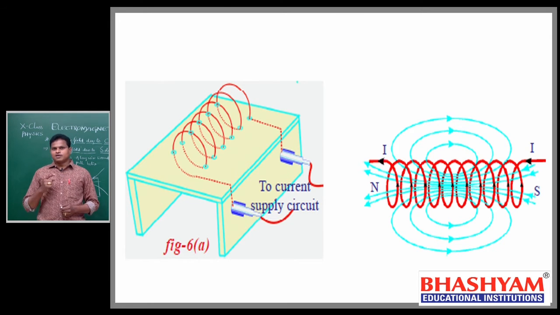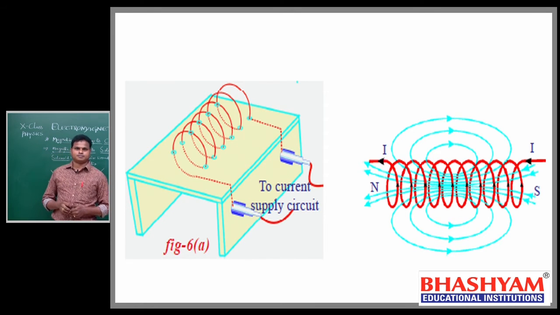Now, the field due to the solenoid is shown in the next figure. This is the pattern of field lines due to the solenoid when the current passes through it. Now, what is the direction of field lines or field due to the solenoid?